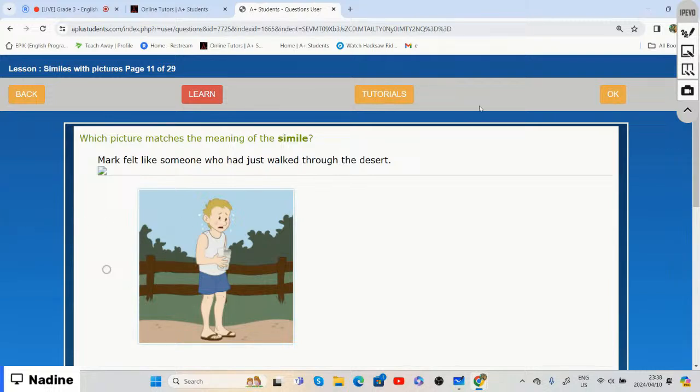All right. And if we look at the pictures, or if we look at the symbol, it says Mark felt like someone who had just walked through the desert.